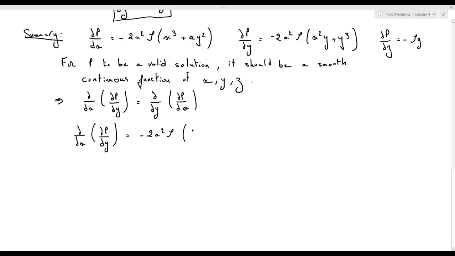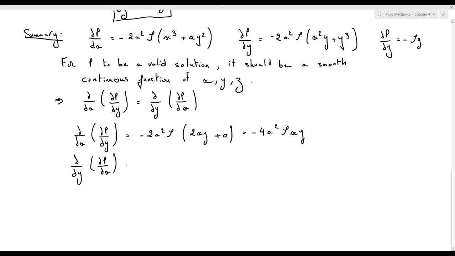So del over del x of del p over del y, it is the derivative of the partial derivative with respect to y, so it is equal to minus 2a square rho into 2xy, so minus 4a square rho xy.